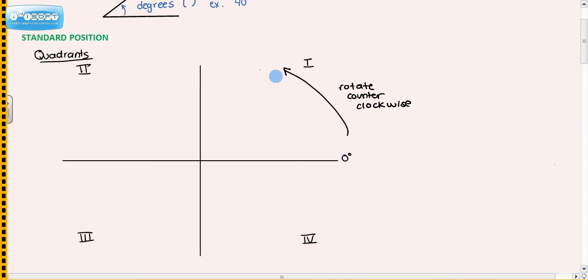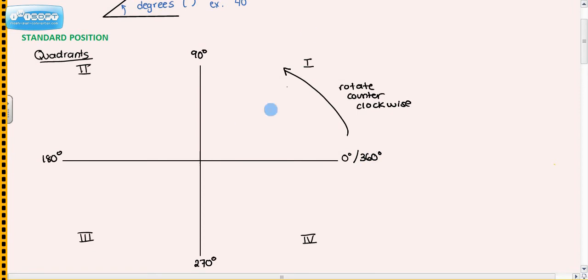So here's 0. So this would be 90 degrees, 180, 270, and a full rotation will bring us back to 0, and that would be 360 degrees.